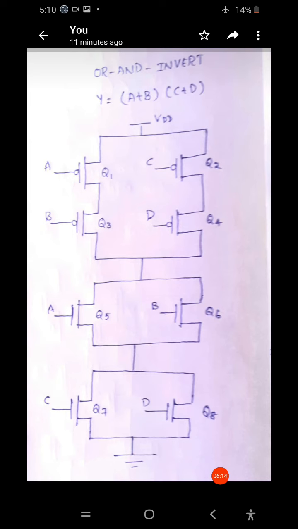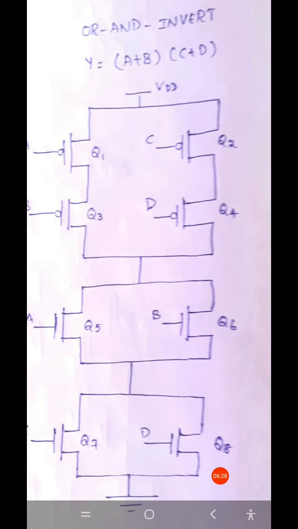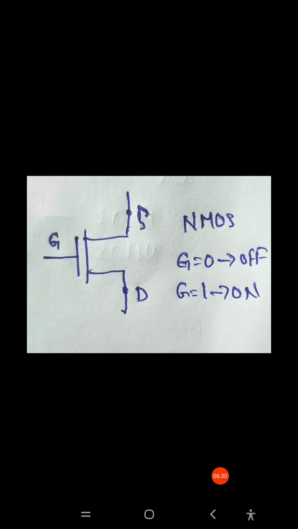Here we have to write whether Q1, Q2, Q3 or Q4 are on or off. Based on these two conditions we can write it easily, right? So that is regarding OR and invert logic.